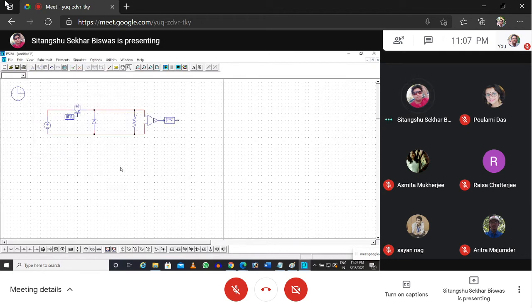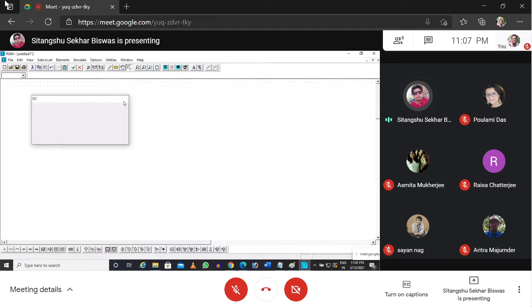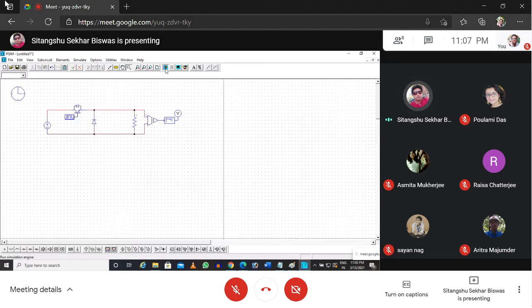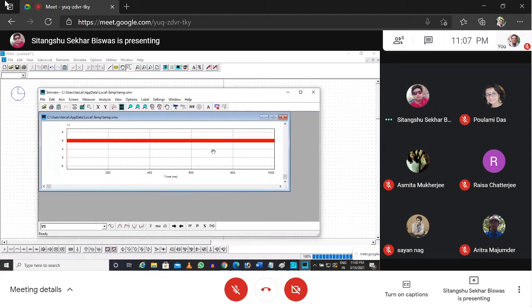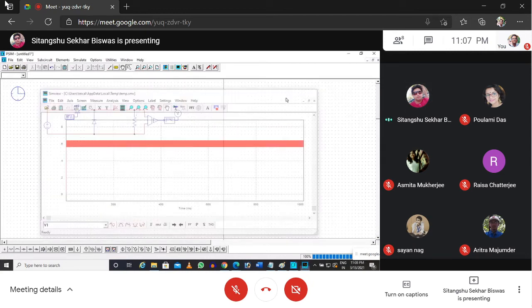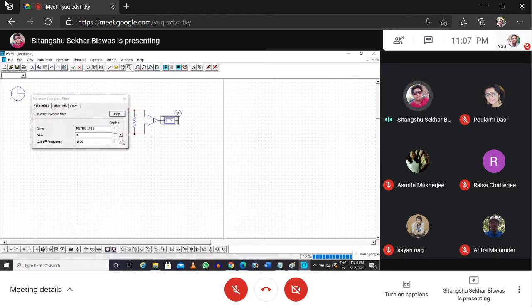So now for this ideal case, let us see what the voltage is. Input I have given 12 volt, what will I get at the output? Okay, let me change the cutoff frequency.